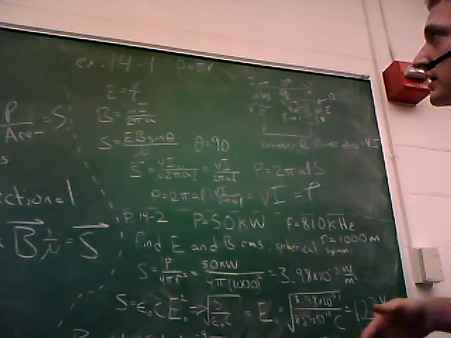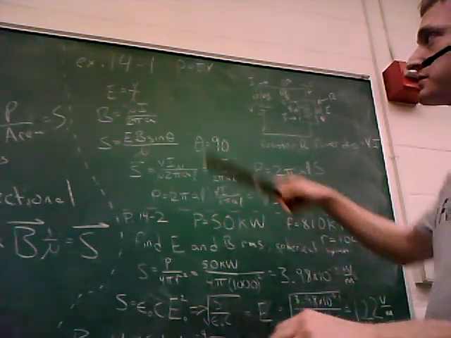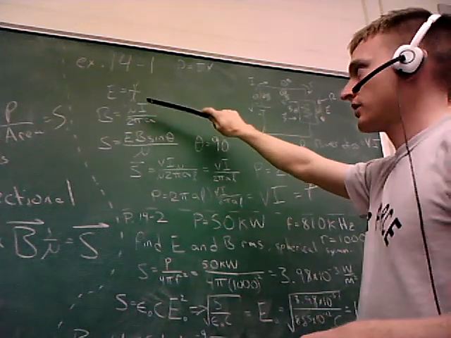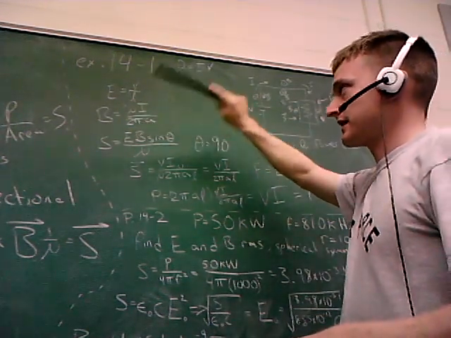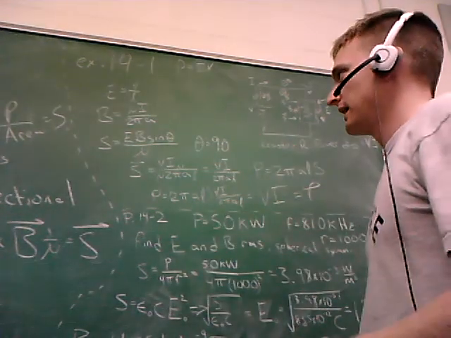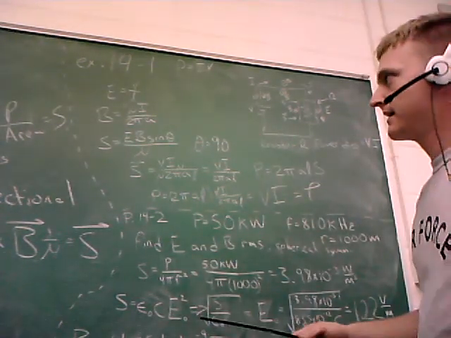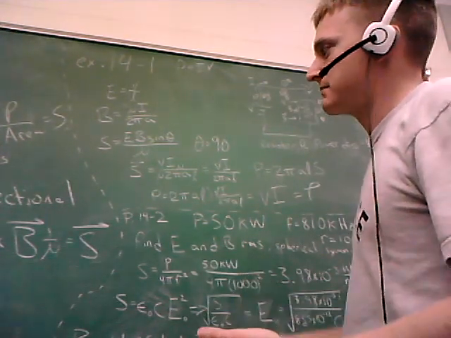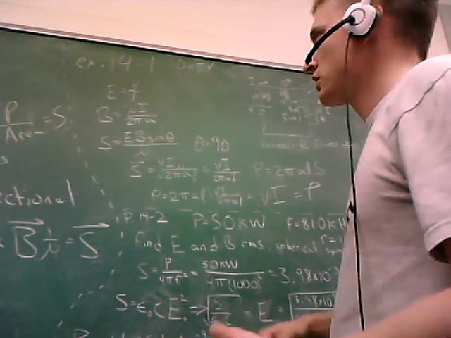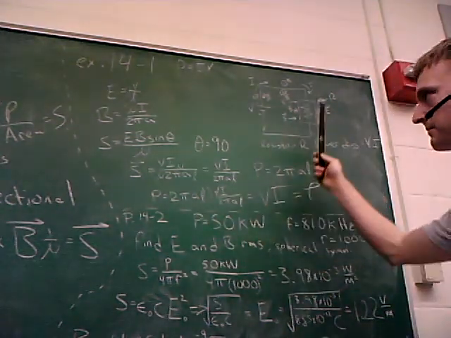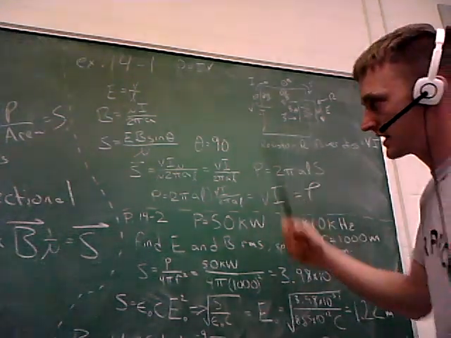So E is calculated as volts per unit length. B is calculated as mu times current per unit length, also 2 pi radius. A is radius. And S we know as E cross B. Well, it's also E times B sine theta. In our case, theta happens to be 90 degrees, so sine theta goes away.